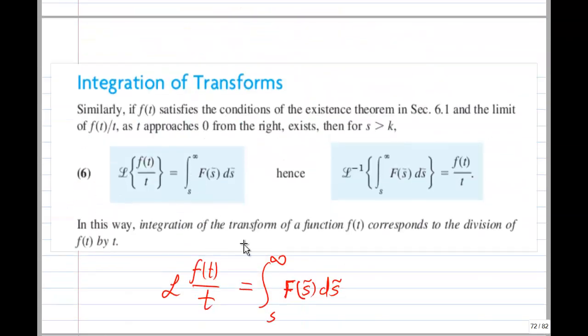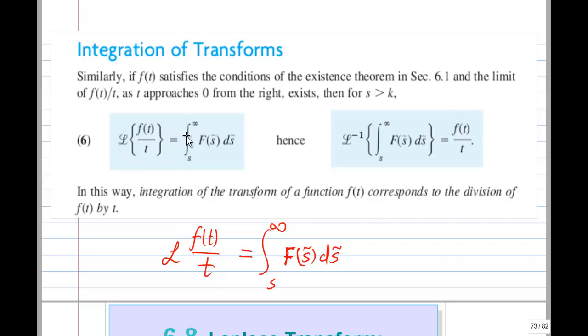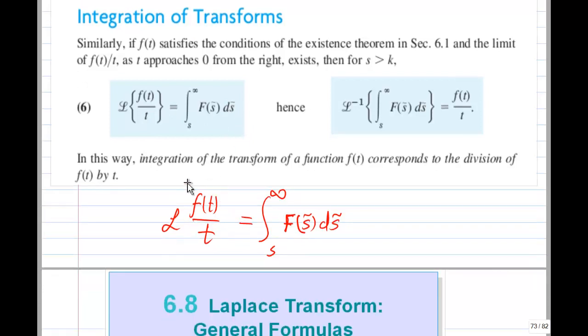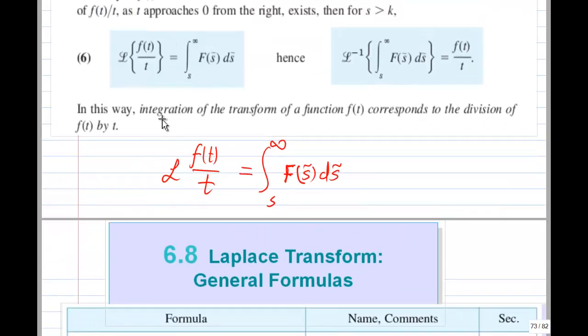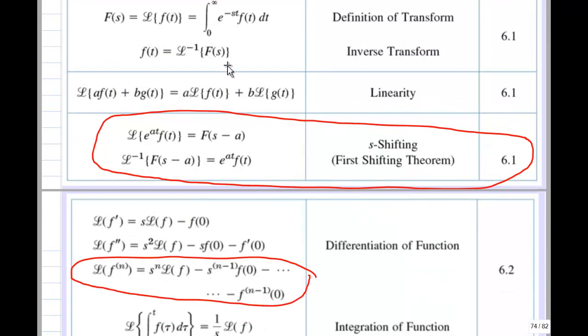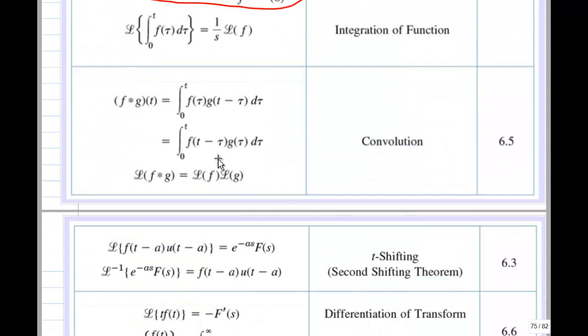Okay? Alright, so division in the t domain is integration in the s domain. Multiplication in the t domain turned out to be differentiation, and division turned out to be integration. Just in case you have a coefficient that's over t, not multiplied by t, well, you integrate there. That's it. So here are those rules that we went through, including the convolution. The first shift, we did this today.